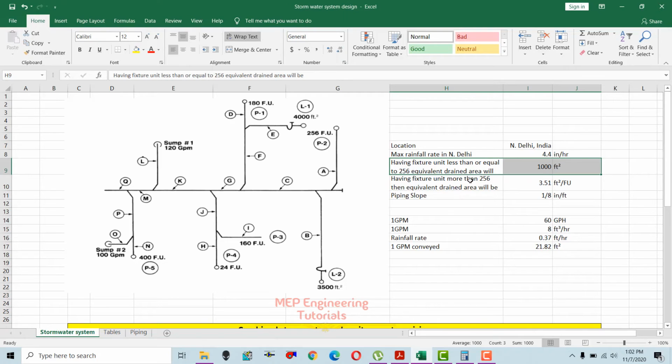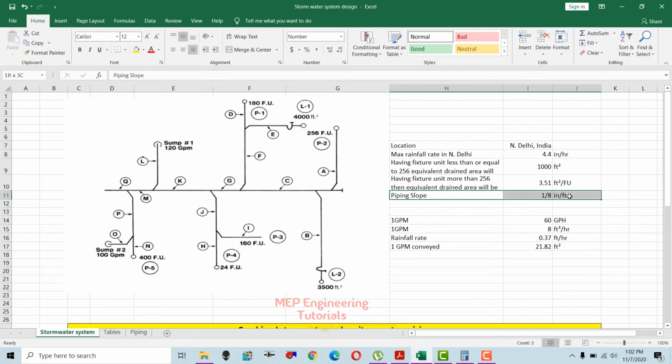And if you have more than 256 fixture units, then the equivalent drained area is 3.51 square feet per fixture unit. That means for every increment in the fixture unit after 256, you need 3.51 square feet per fixture unit. And how I got this value, I will tell you later.